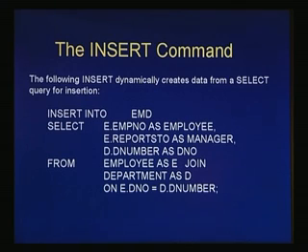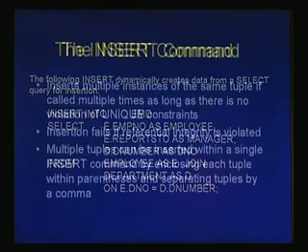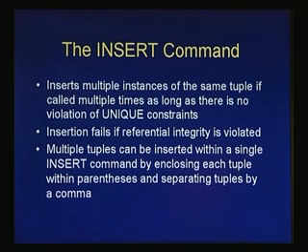Then I give the select command: select e dot employee number as employee, e dot reports to as manager, and d dot d number as DNO, and then from employee as E, join department, and so on. So basically I am getting a set of employee number, manager number and department number, which is what is going into the new table.